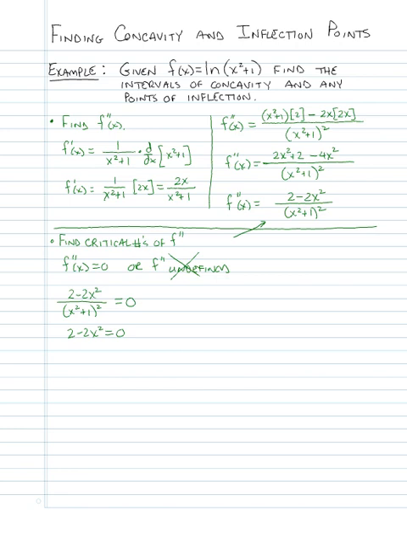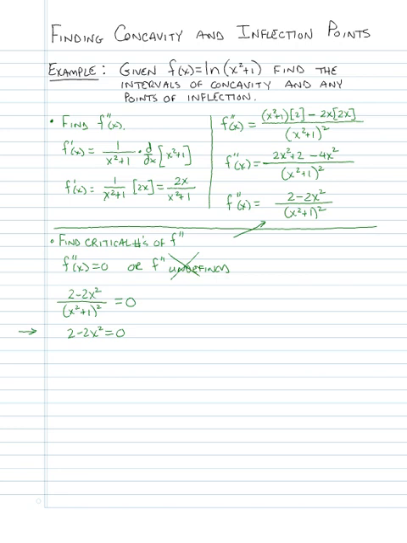Even if we multiplied both sides of the above equation by the denominator, x squared plus 1 squared, when we multiply on the left side, we just get the top, 2 minus 2x squared. And when we multiply the right side, the right side's 0, and so when we multiply that side by anything, we'll still have 0. So we get this second equation that we're looking at no matter how we approach the problem.